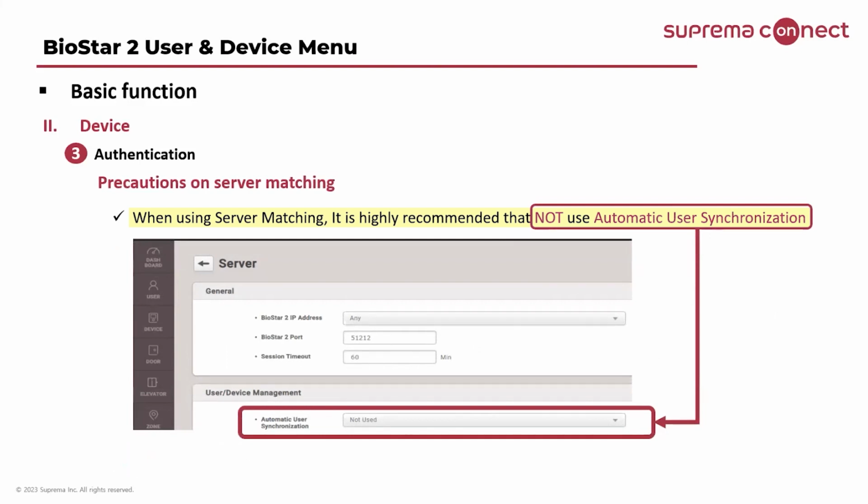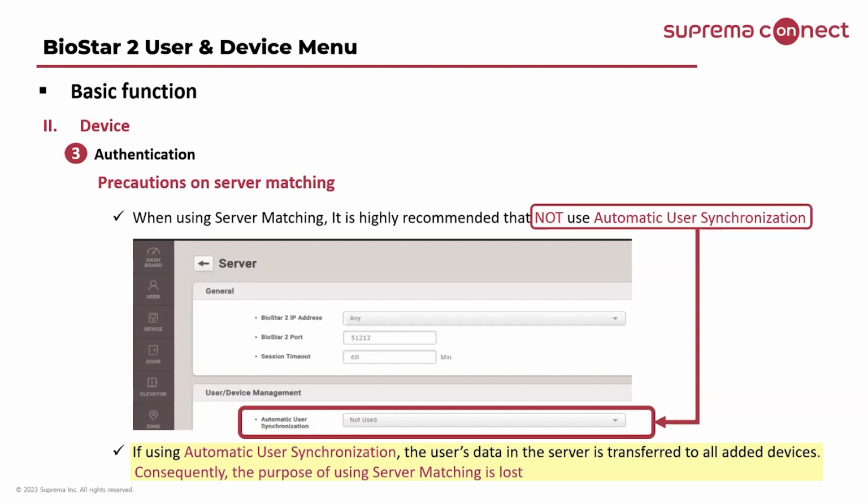However, using automatic user synchronization, the user's data in the server is transferred to all added devices. Consequently, you may lose the purpose of using server matching. So, please check whether automatic user synchronization can be applied simultaneously when using server matching.